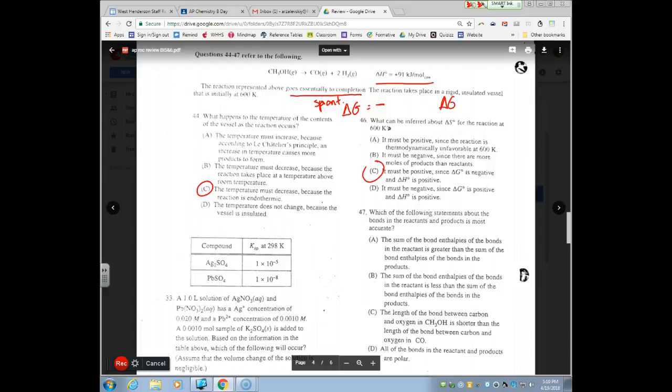Delta G is equal to delta H minus T delta S. If delta G has to be negative, and we know from up here that delta H is positive, that means this value right here must be huge, and delta S must be positive to make delta G negative.